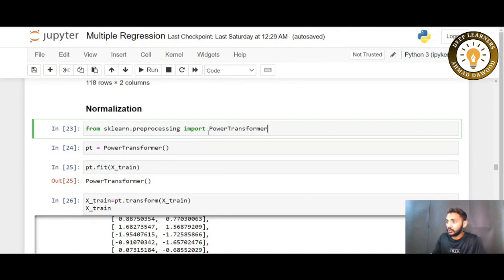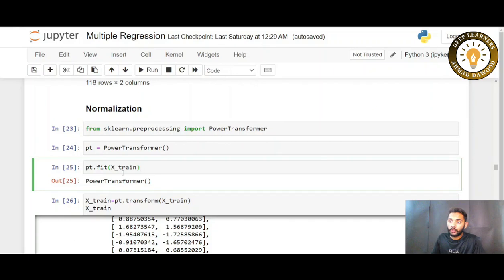Okay. So here I am using this PowerTransformer, and I am going to fit it on my training data. I am fitting my independent training data. We do not need to transform the dependent variable, because we want a model that explains the variation in the target column by using the independent variables.